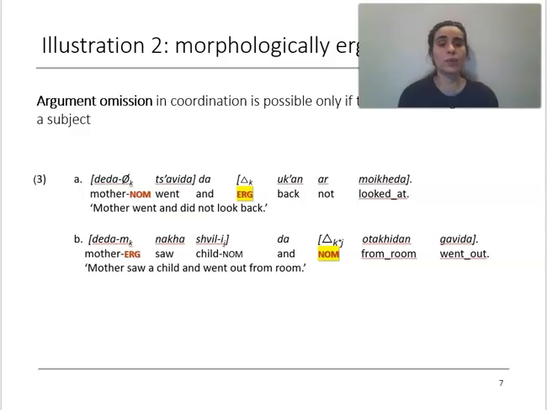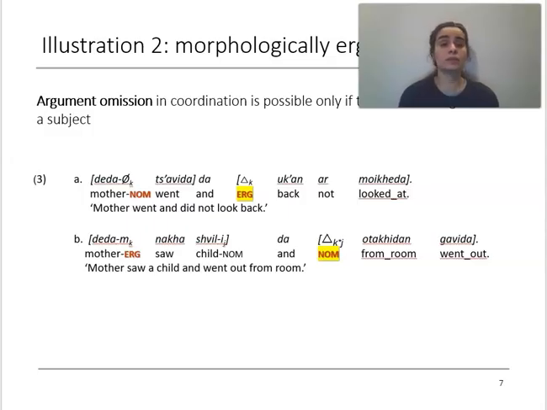The only argument which can be omitted is the subject and not the object in the incardinated clauses. You can see this from example 3b, where the argument which can be omitted is that of nominative.